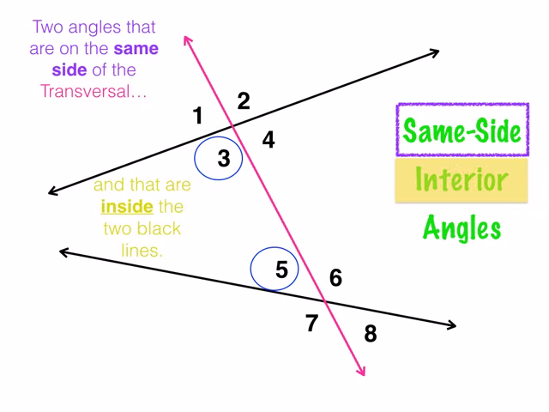Angle 3 and angle 5 are a pair of same side interior angles. Can you tell me the other pair of same side interior angles? Nicely done! Angle 4 and angle 6 are on the same side of the transversal and inside the two black lines, so they are our other pair of same side interior angles.